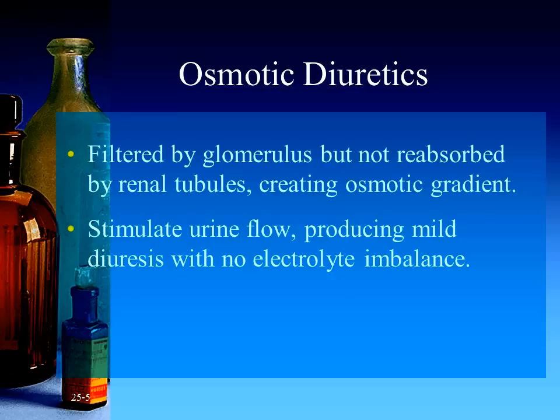So if you think of osmotic diuretics kind of like sponges, the sponges can hold on to water and they can go into the glomerulus, but as they come down through the tubules, they can't come back out. And so all the water that is held in that sponge continues through the tubules and then comes out with the urine as it is excreted from the body.